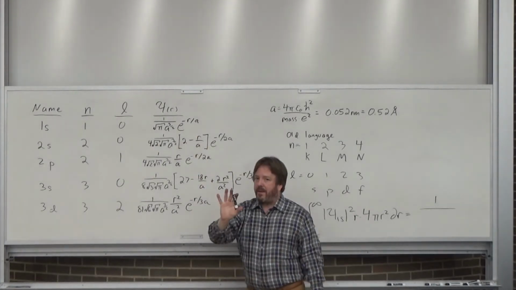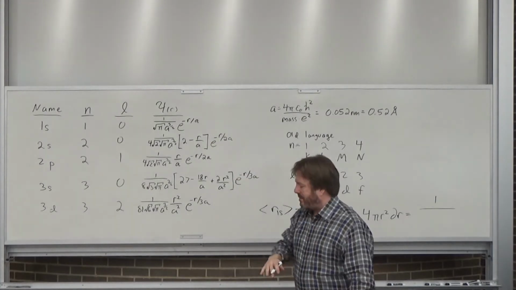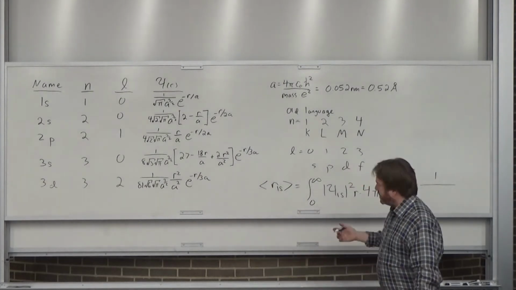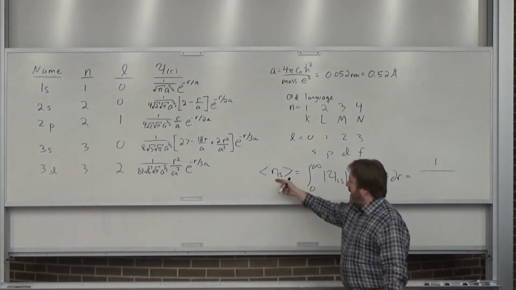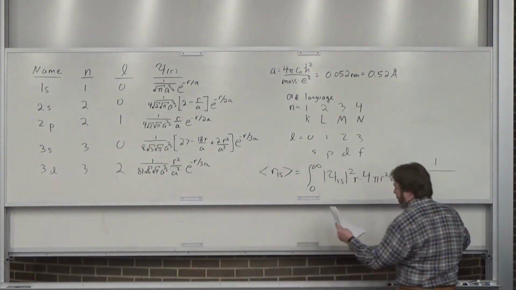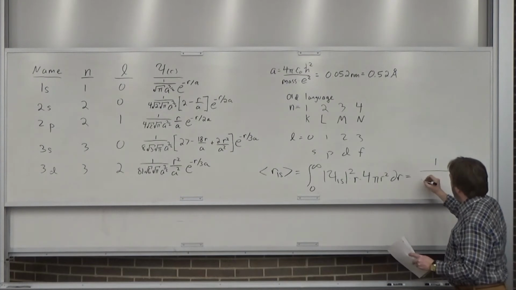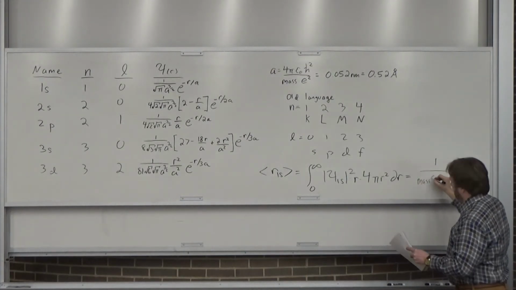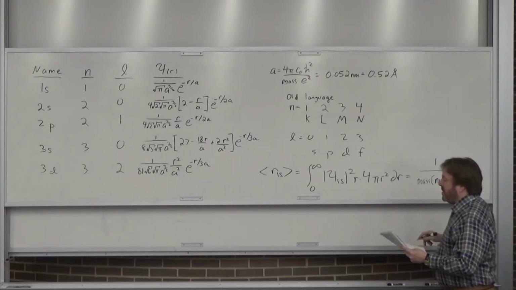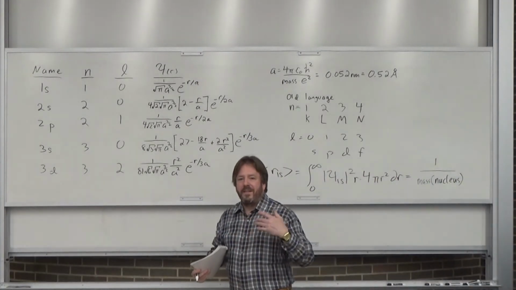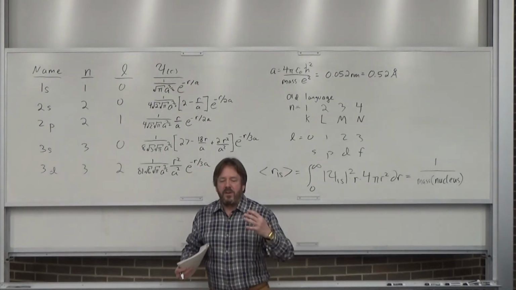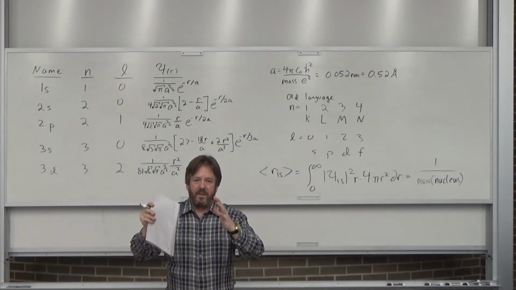Just to make your life easier, I haven't included that. Regardless, you can just Google this stuff. You would find that the expectation value for where the 1s electron is scales as 1 over the mass of the nucleus. So as the nucleus gets heavier, the location of the electron gets closer and closer to the nucleus.